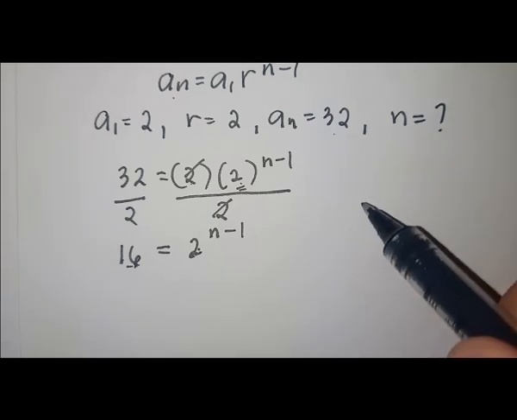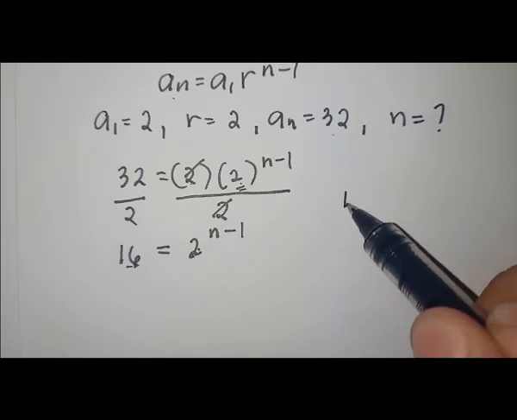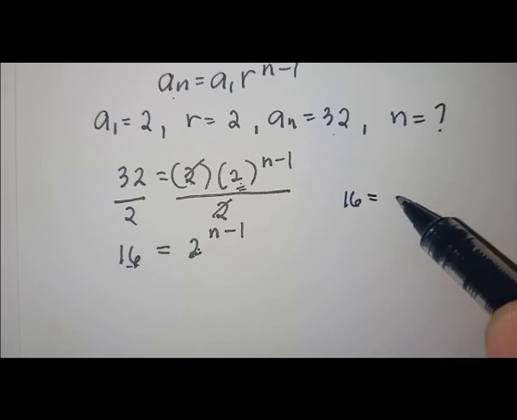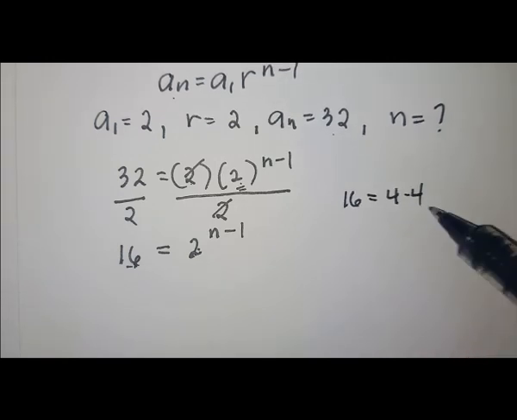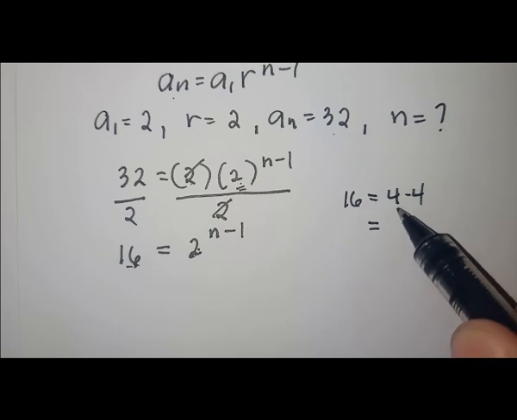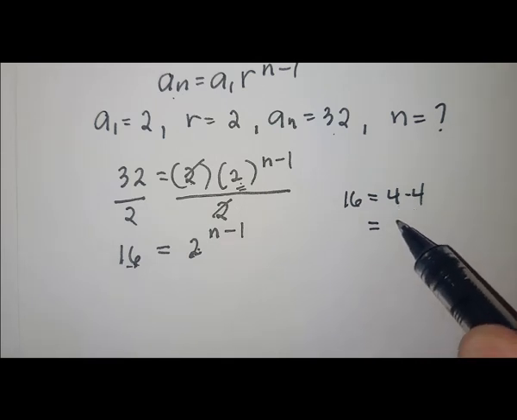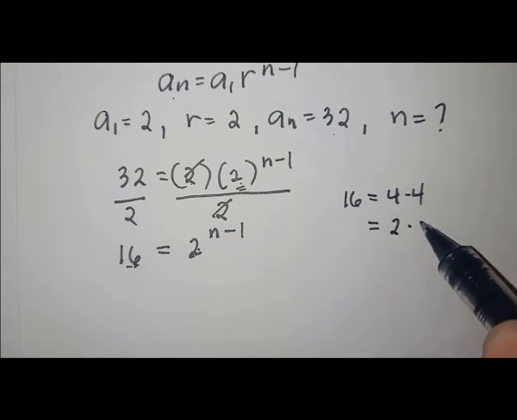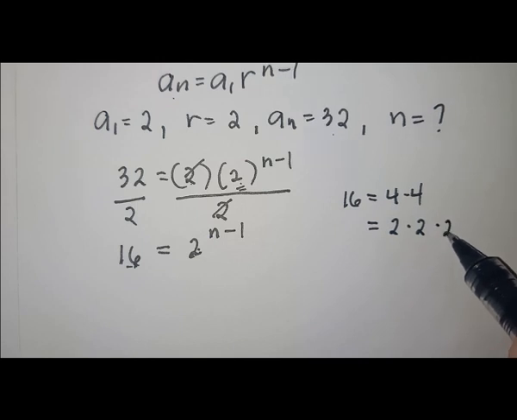So, try natin dito. So, yung 16, pwede natin siyang makuha ng 4 times 4. Okay. So, pwede rin natin siyang makuha kasi 4 times 4 yan. Pwede rin natin siyang makuha ng 2 times 2 times 2 times 2.